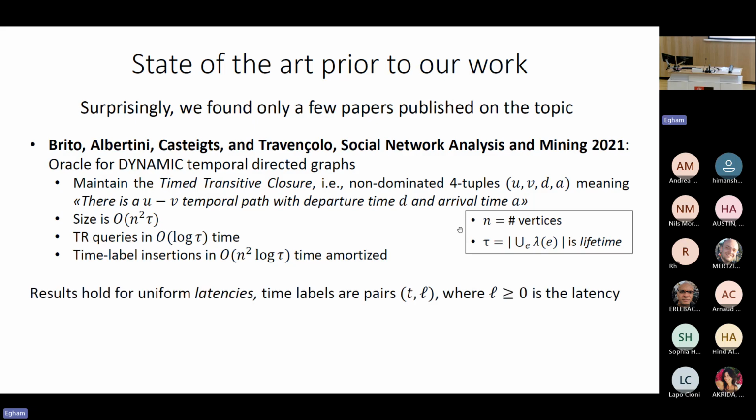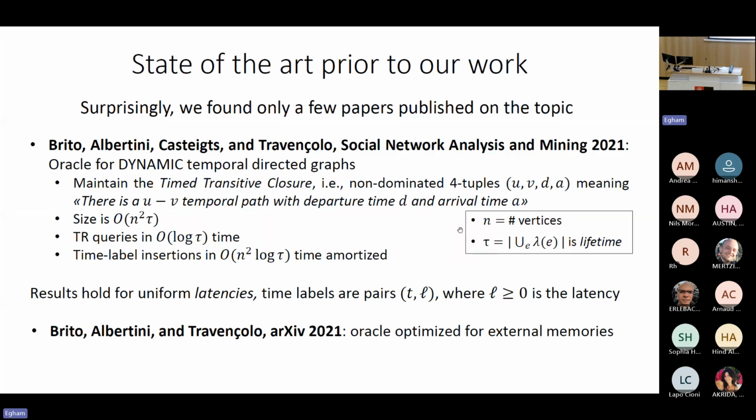And interestingly enough, their results hold for uniform latencies, so we can add latencies to the edges. So a time label is basically a pair: the time at which the edge is available, and the latency, which is a non-negative value, modeling the fact that we require some time to traverse the edge. And in some subsequent papers, basically the same set of authors showed how to implement such an oracle if we want to store it on a disk, and we want to minimize the memory accesses to the disk.